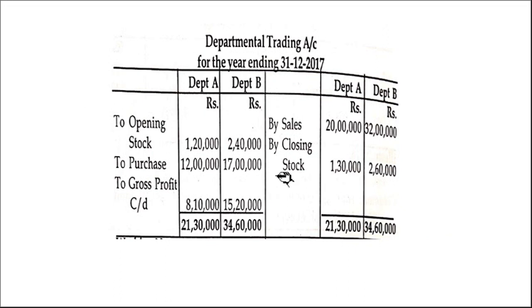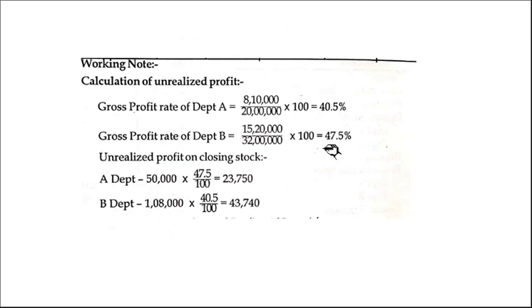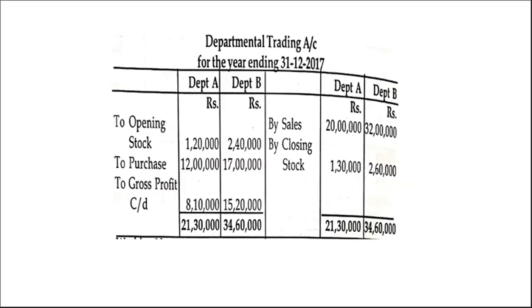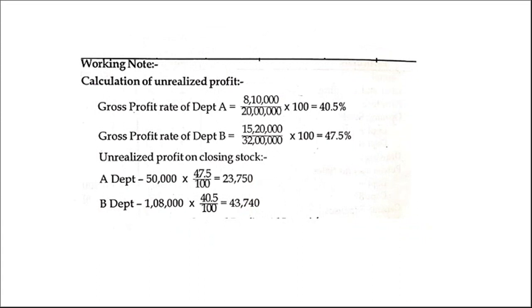For B, 15 lakh 20,000, 32 lakh. So 8 lakh 10,000 divided by 20 lakh into 100, 15 lakh 20,000 divided by 32 lakh. So we have to take into consideration the gross profit and sales, and we should find out the rate.